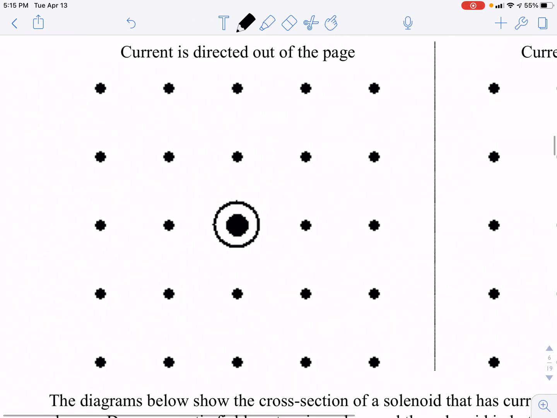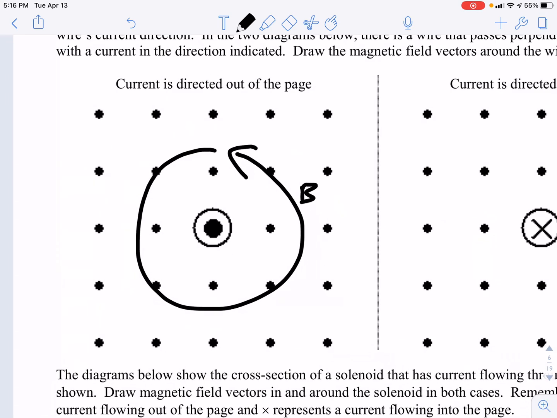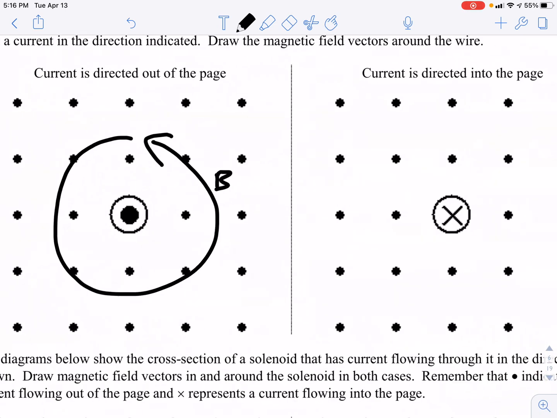And so, if the current is coming out of the page, that means your thumb would be coming straight up at you towards the ceiling. If you look at the curvature of your fingers, they would naturally wrap around in this direction right here. So I is out of the page, and the magnetic field is wrapping around the current carrying wire in a counterclockwise fashion.